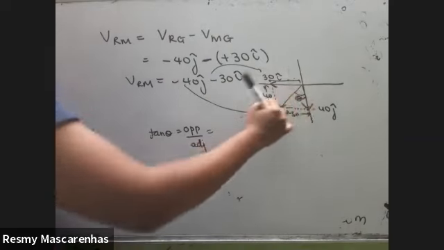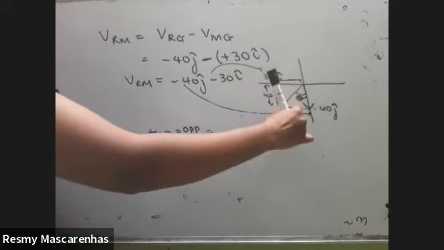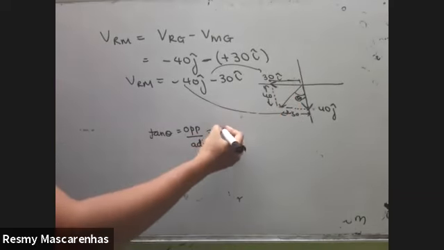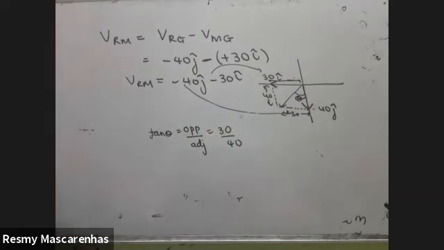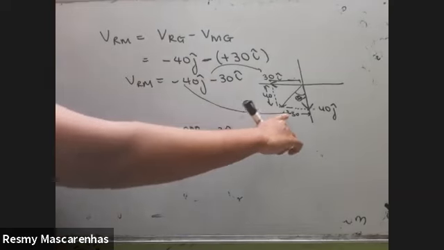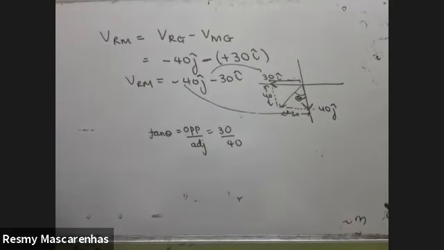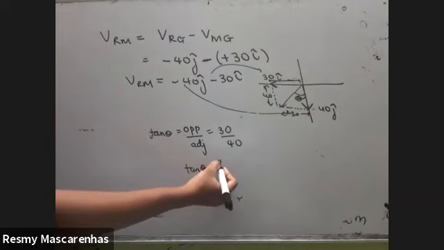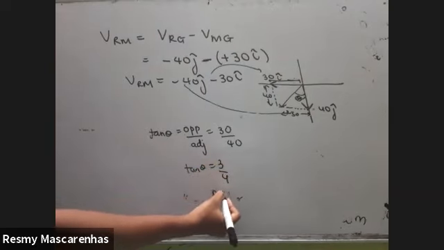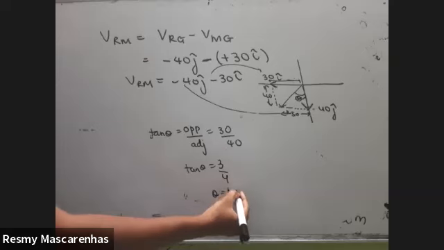Opposite sides are always equal. So tan theta is 30 upon 40. Here no need to put i and j, because i and j only indicate the direction. We are just calculating the angle. So it's nothing but opposite upon adjacent. So tan theta is 3 by 4, so theta is tan inverse of 3 by 4.